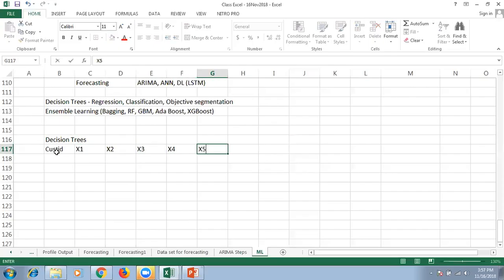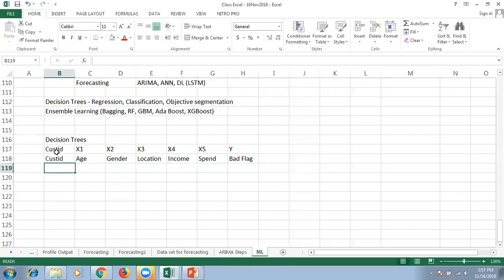Suppose you have 5 variables and you also have a Y variable. Assuming this customer ID is a unique ID and X1 is age, X2 is gender, X3 is location, and income and spend. Your Y variable is a good customer or a bad customer, for example, a bad flag.